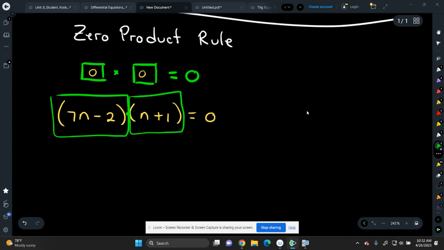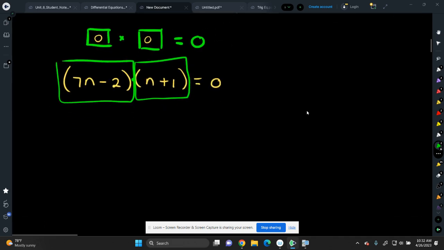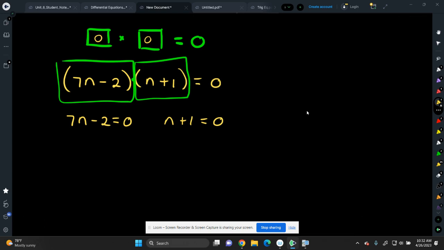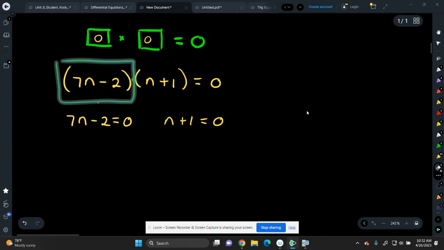I'm multiplying those two things together, and they equal 0. That means that at least one of them, either the 7n minus 2 has to equal 0, or the n plus 1 has to equal 0, or both of them equal 0. So what we do is we set up two separate equations, and we solve the equations.